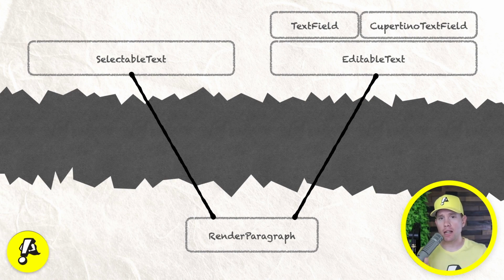Instead, they've received a lot more internal conditional logic, and they've just kind of accumulated more and more features, and now they are two monoliths that we can't break apart. You can use render paragraph if you want, but there's really nothing between render paragraph and those higher level solutions. We're missing, I'm not a big fan of the layer metaphor, but I'll use it here for lack of a better one.